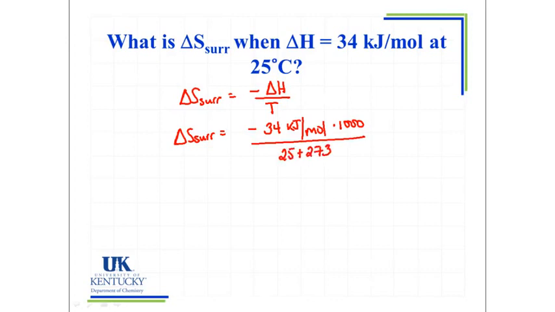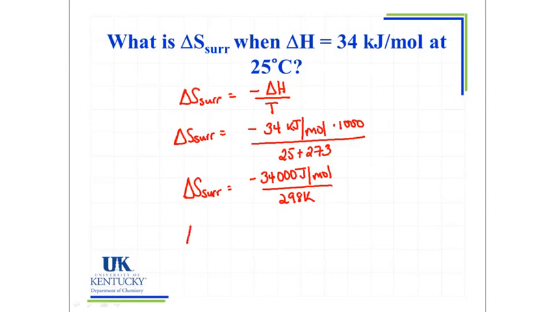So I add 273. Now I can take delta S of surroundings equal to minus 34,000 joules per mole over 298 Kelvin.